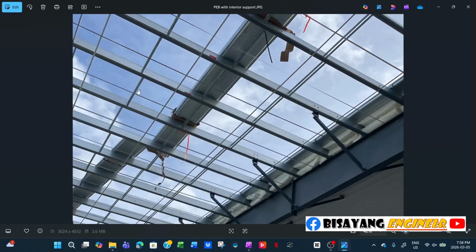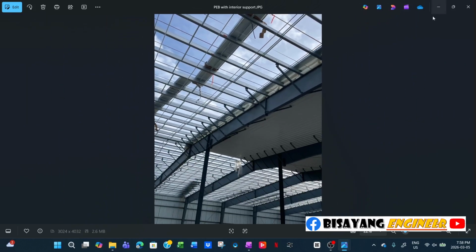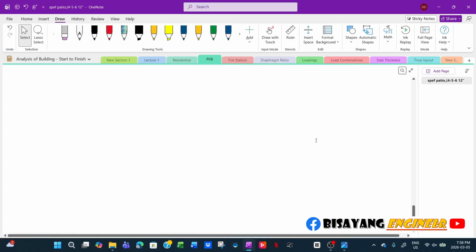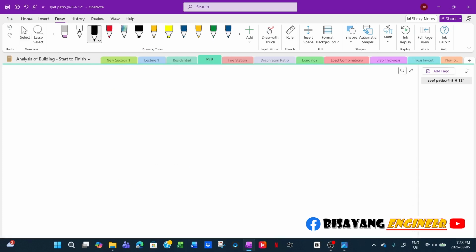I've seen building manufacturers use cross bracing, strap tie, something like that. And on this particular project, it is like two rods that way, up and down.